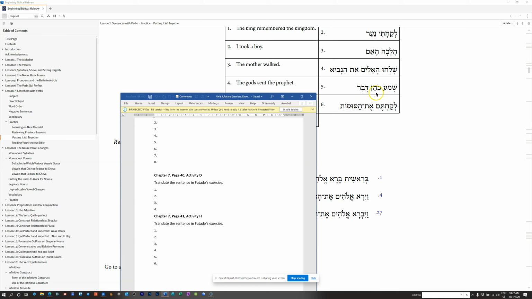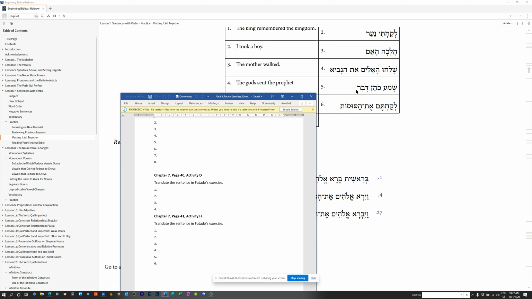So here both kohen and davar are indefinite. Forgetting the meaning of Shema for a minute, just normal word order is going to tell you that the subject is probably the word immediately after the verb. So kohen is probably the subject of Shema, and then davar would be the direct object, even though it's indefinite. All right? So that's just basic word order.